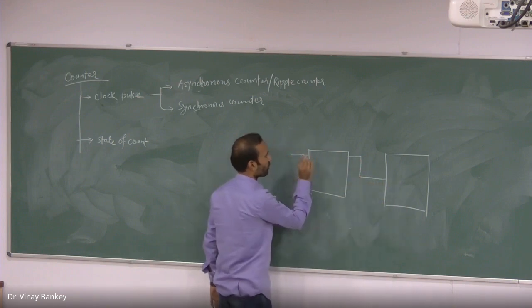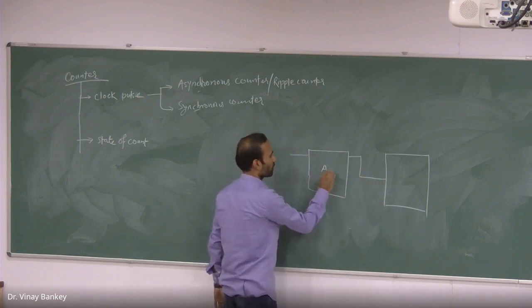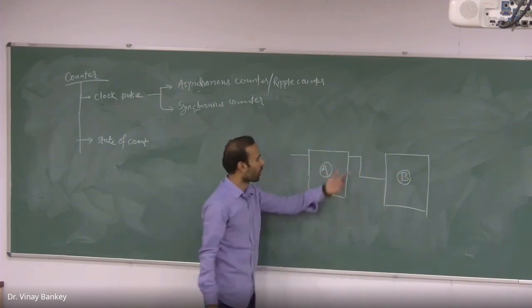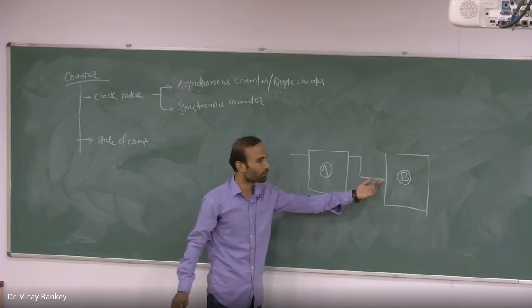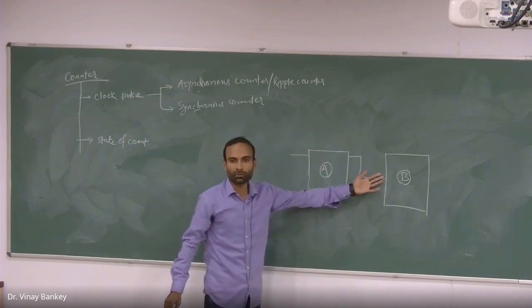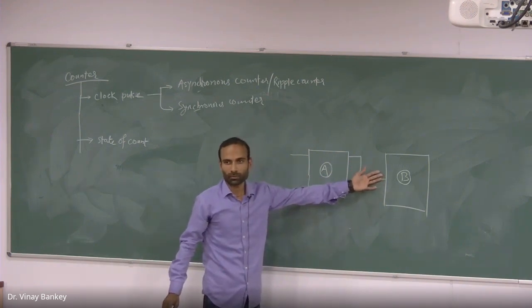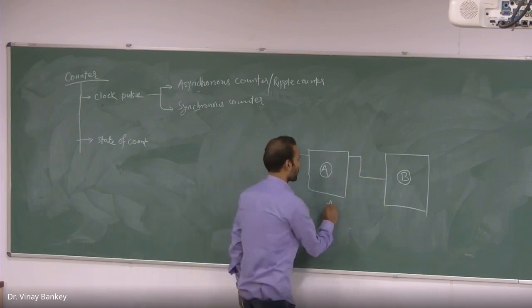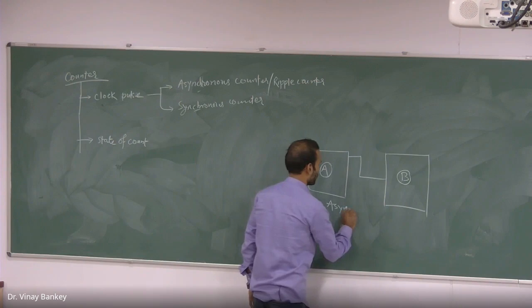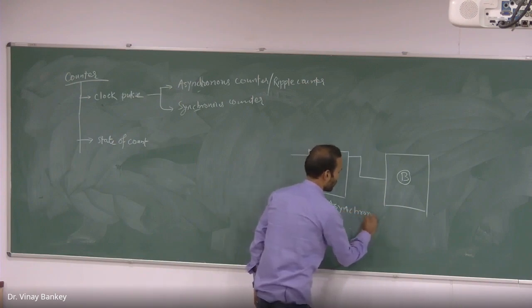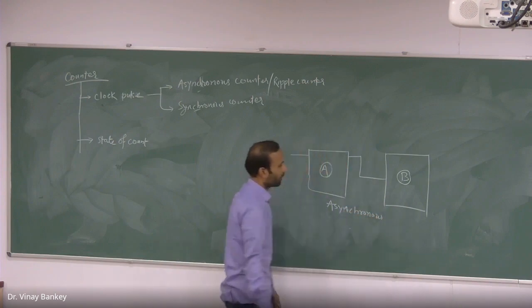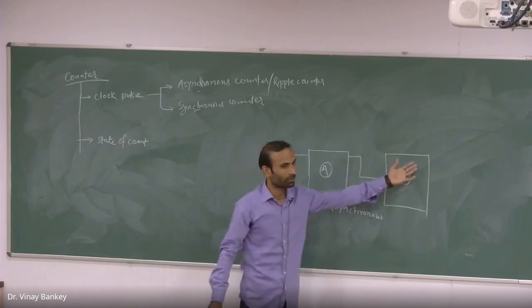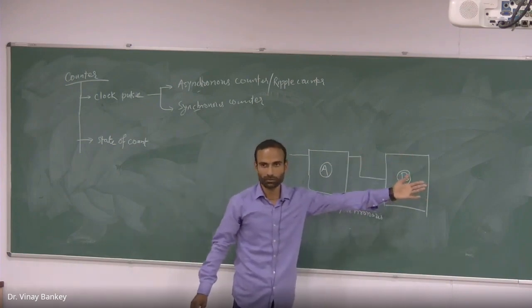Let's suppose this is my A first flip-flop and B second flip-flop. The output of the first flip-flop will be connected to the clock pulse of the second one. If you have more flip-flops, the output of the next one will be connected to the preceding.